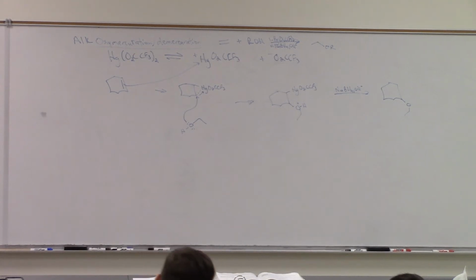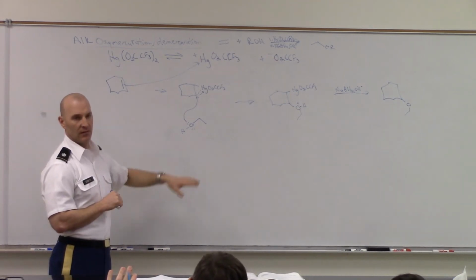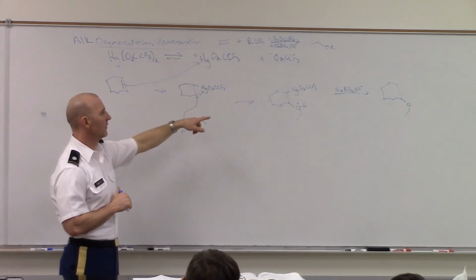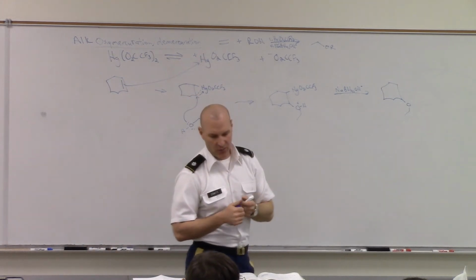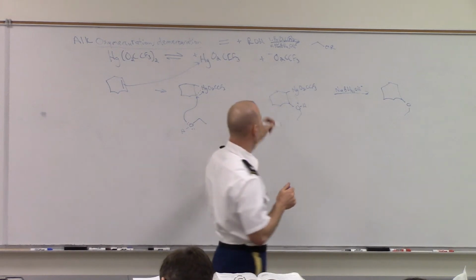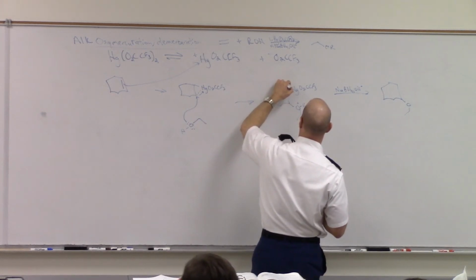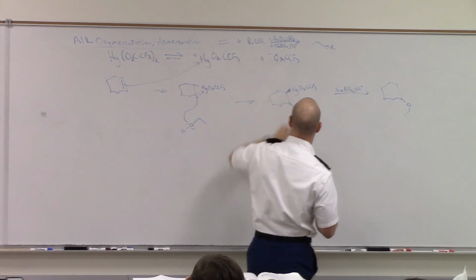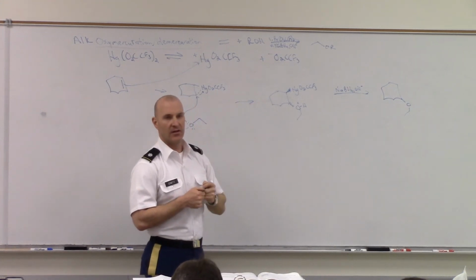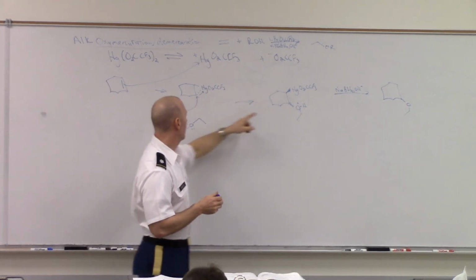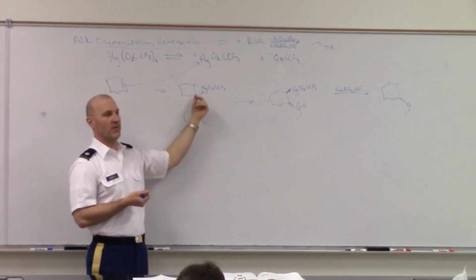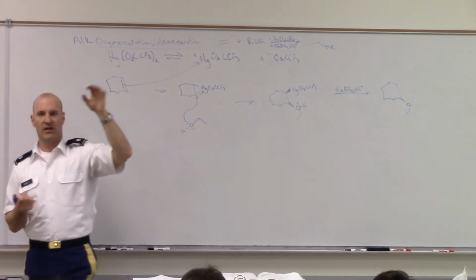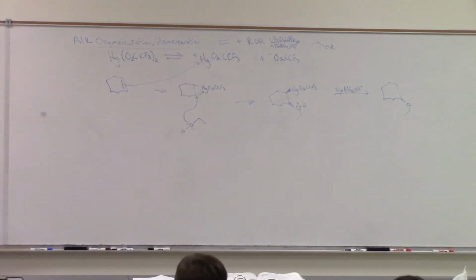If you want to talk about stereochemistry here, we can make this solid and this dash, because, as we talked about last semester, this oxygen is going to have to come from the backside because the mercury is occupying the top side.